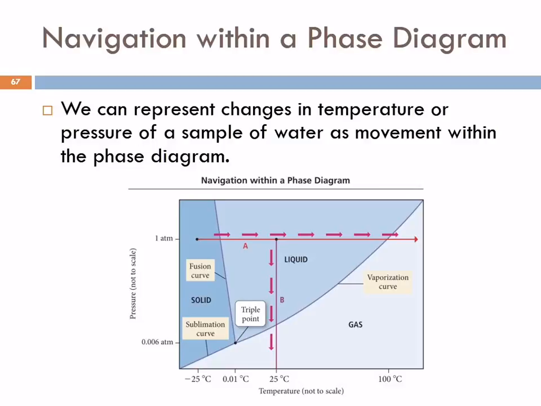So if we're looking at a temperature change, we start at 25 degrees Celsius and 1 atmosphere of pressure on this particular curve. What happens as we increase the temperature? Well, it goes from a liquid to a gas. What happens if we decrease the pressure on the liquid? Well, it stays a liquid for a long time, and eventually it'll get to a point where it'll boil.